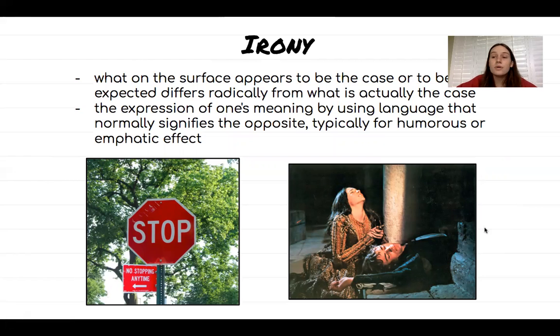And to the right, one of the most famous examples of irony is in the play Romeo and Juliet. Spoiler alert, at the end of the play, Juliet kills herself thinking Romeo is dead. It's ironic because we, the readers, know Romeo's not dead. And then Romeo wakes up, and irony.